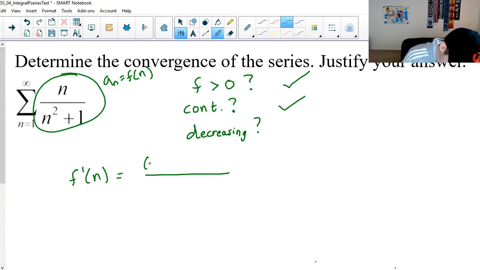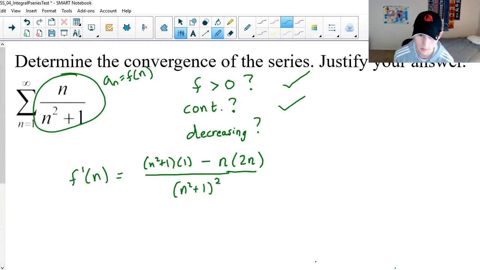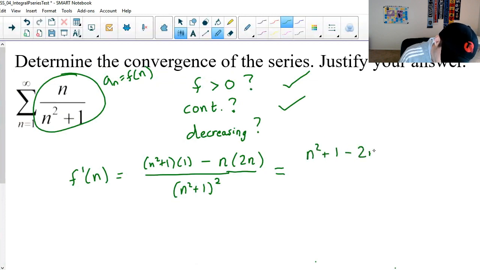Okay, so n squared plus 1, derivative of the top is 1, minus the top times the derivative of the bottom, over n squared plus 1 squared. So that would be n squared plus 1 minus 2n squared over n squared plus 1 squared.